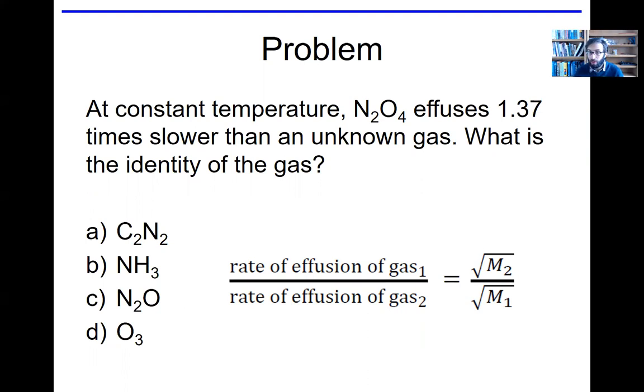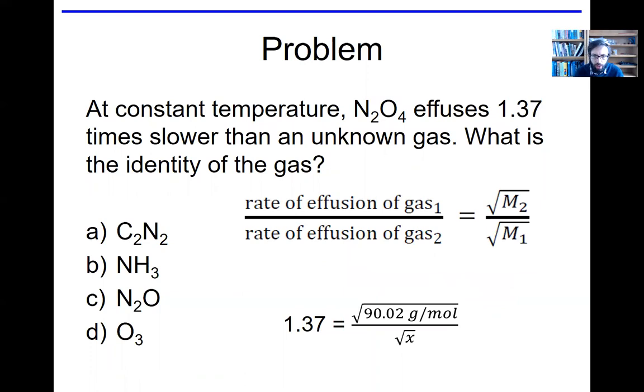So that means that what we're looking for is the faster effuser, which means that it should have a lower molecular weight than N2O4. And so all we have to do is we have the relative rates, and it tells us 1.37 times slower. So we plug that into our rate comparison here.